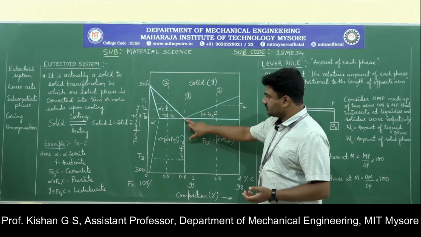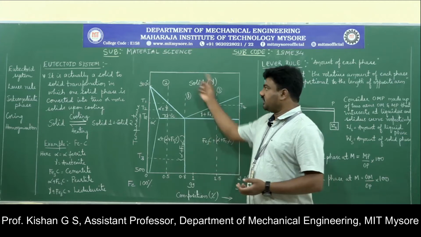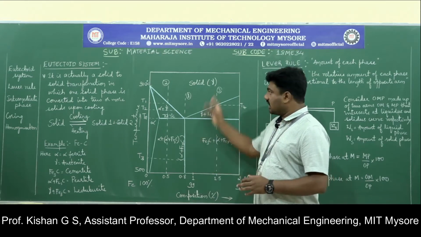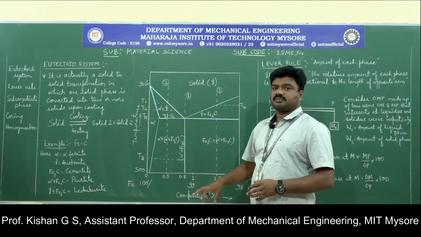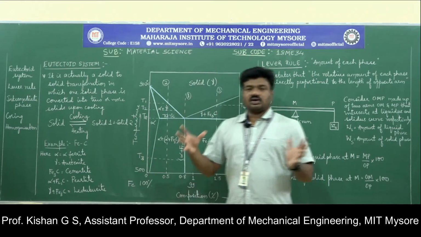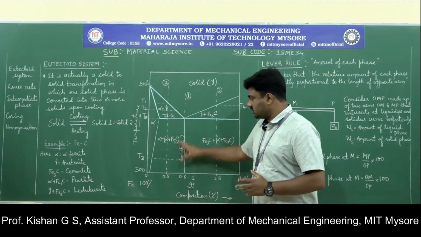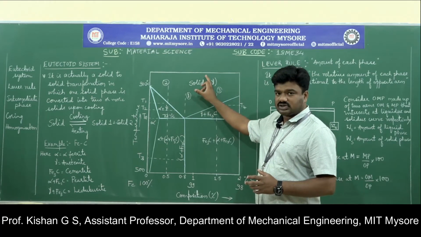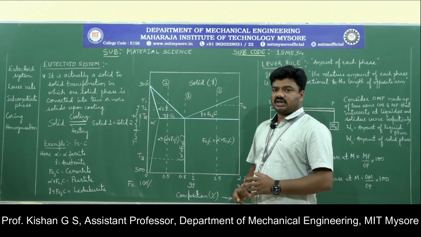This is the eutectoid composition, wherein one particular solid, gamma austenite, is converting into, remember this, alpha plus Fe3C, which is called pearlite. Alpha is alpha ferrite and Fe3C is cementite. The composition of those two solids together is taken as pearlite, and this zone represents one solid upon cooling getting converted to two solids, alpha and Fe3C.